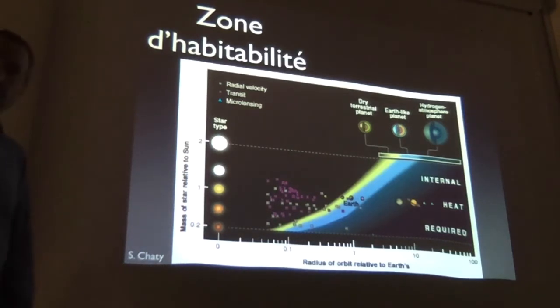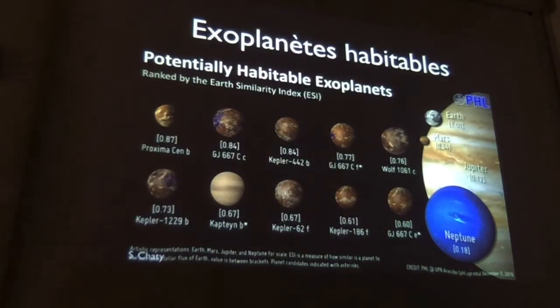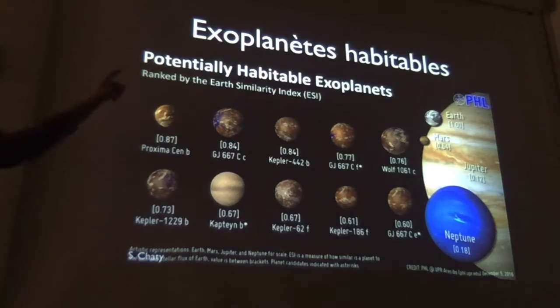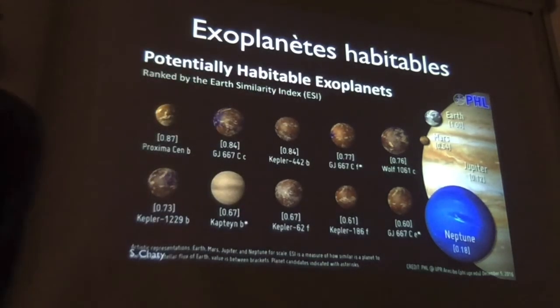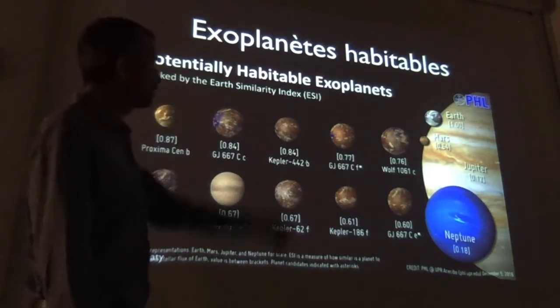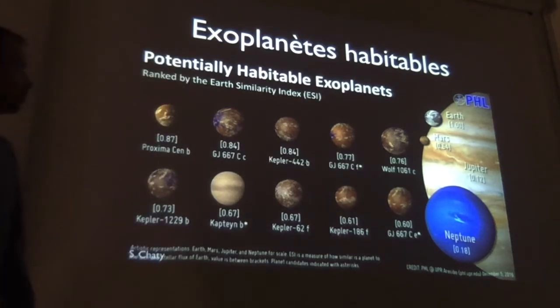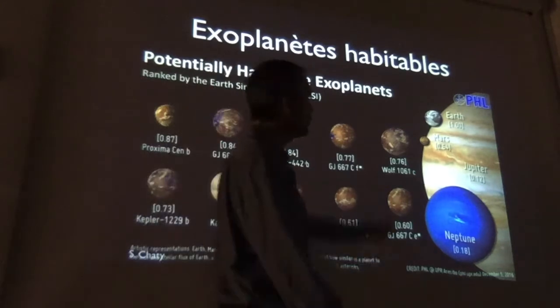Okay, I go on. These are some potentially habitable planets. You have a website, which is phl.org, I think, where you can find these planets. So you have an updated list of exoplanets that are potentially habitable. For comparison, you have the Earth here.